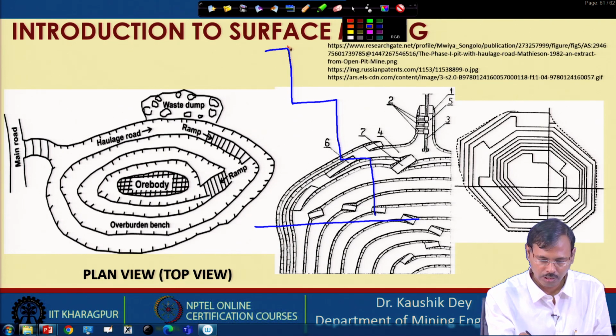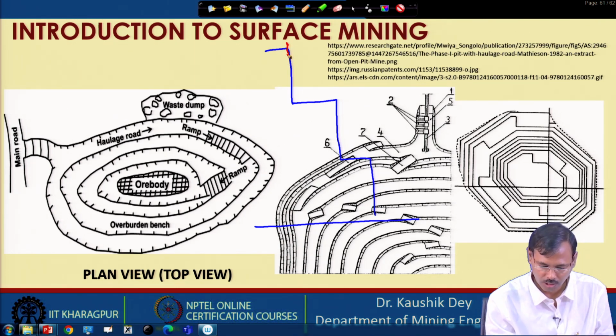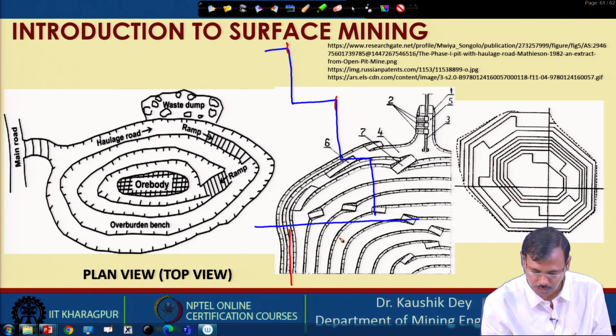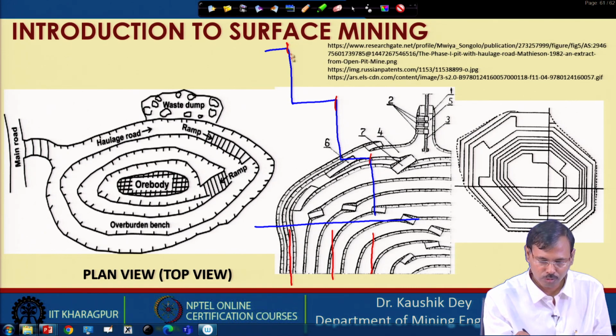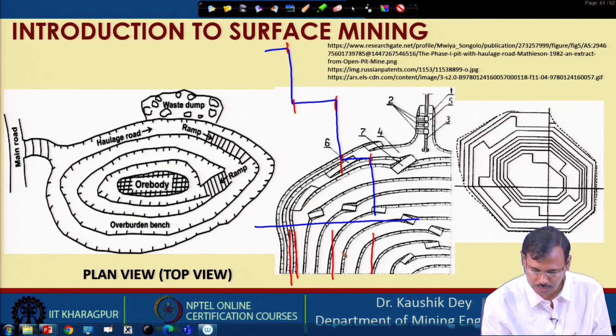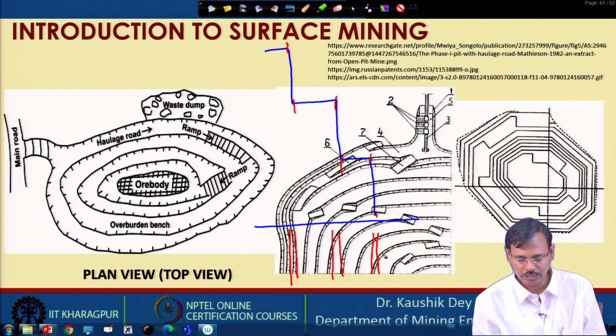If we draw the plan view, this part is this one, this part is this one, and this part is this one. Close to this is another part, the next part, and here is another one.